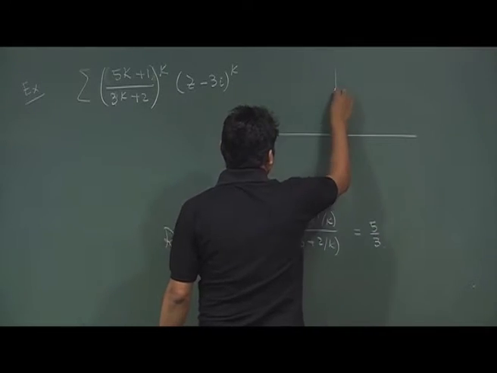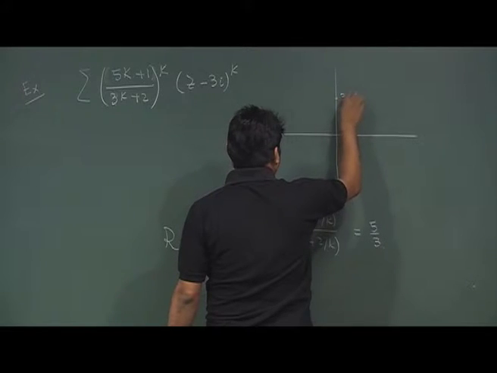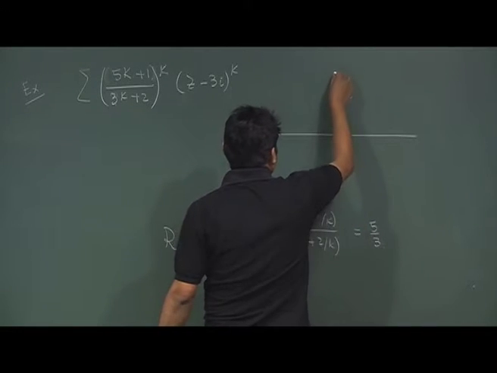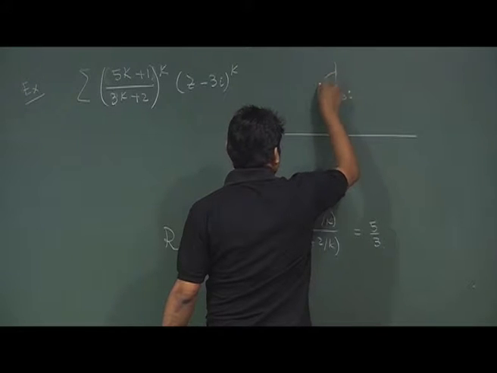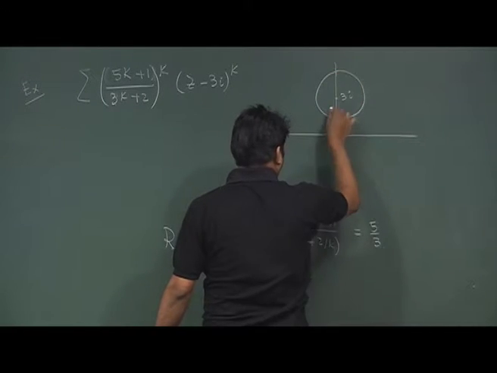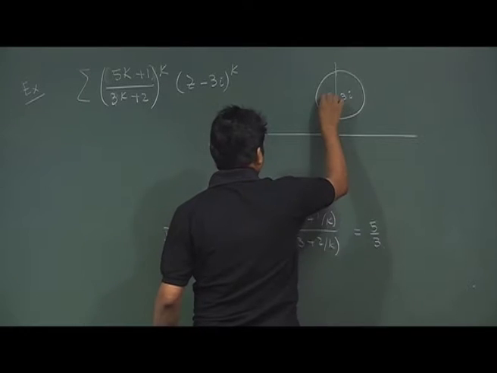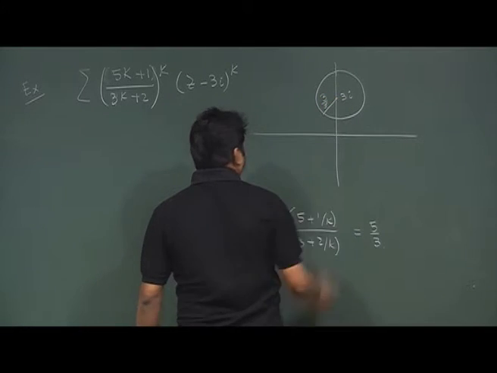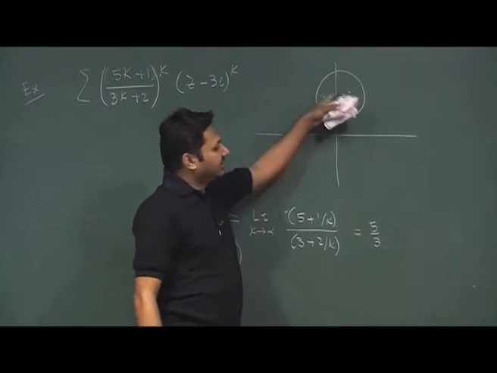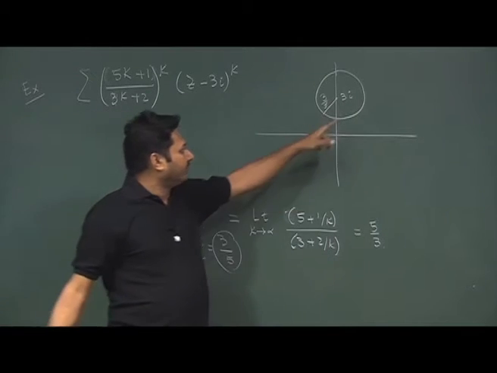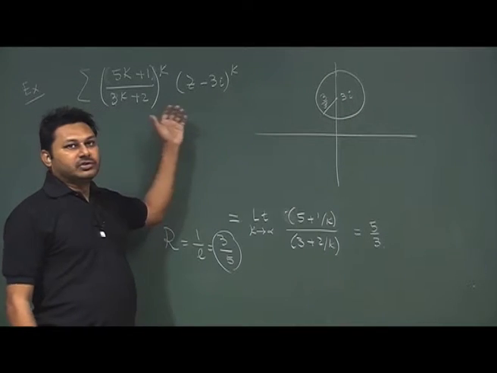So 3i is somewhere here. If I make a circle around 3i whose radius is 3/5, something like this, then this is the region of z for which the series is going to converge.